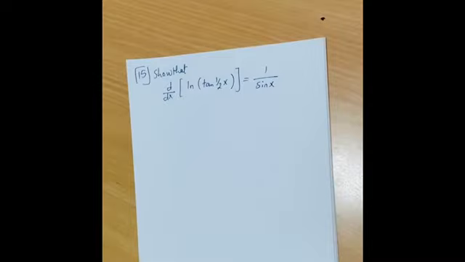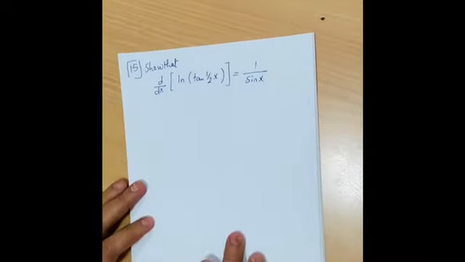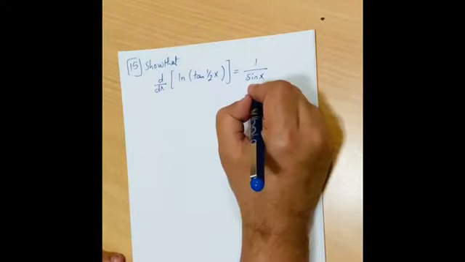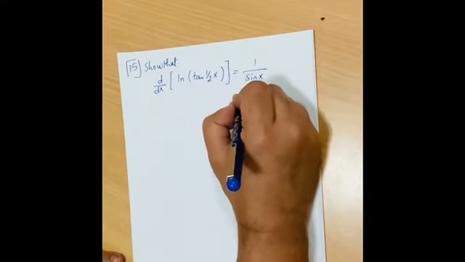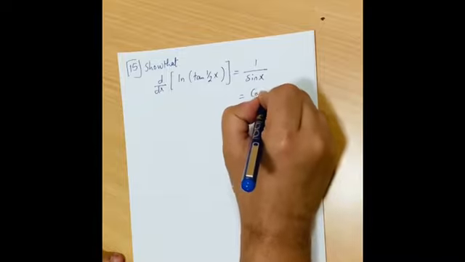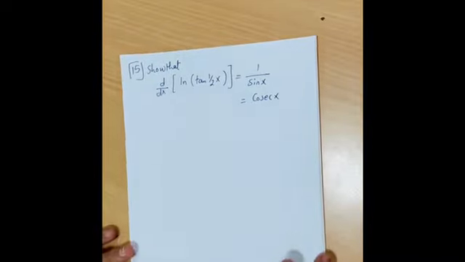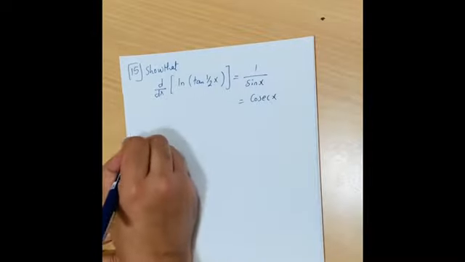Let's do this question. Question number 15. Show that the derivative of ln of tan half x is equal to 1 over sine x. So basically, the answer could be in this form as well, cosec x. Okay. Let's start from the left-hand side first.